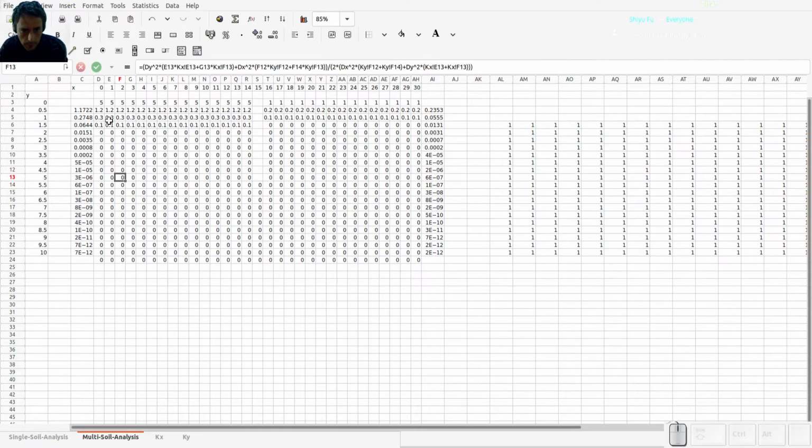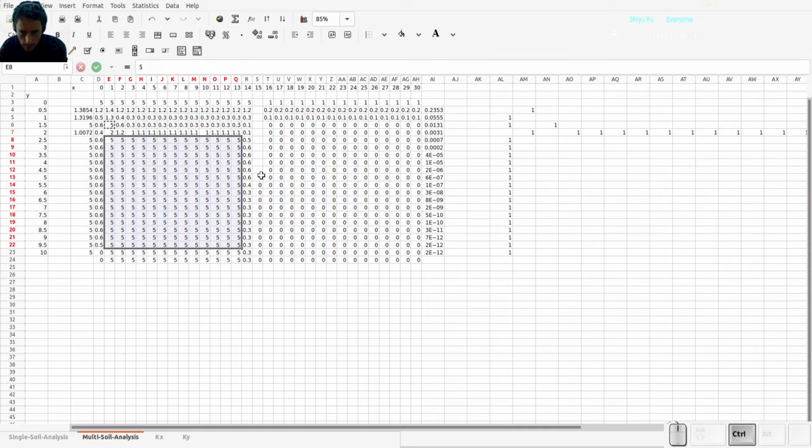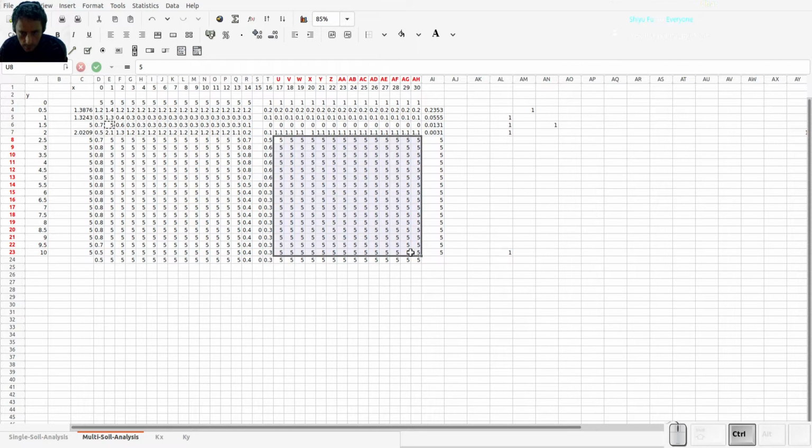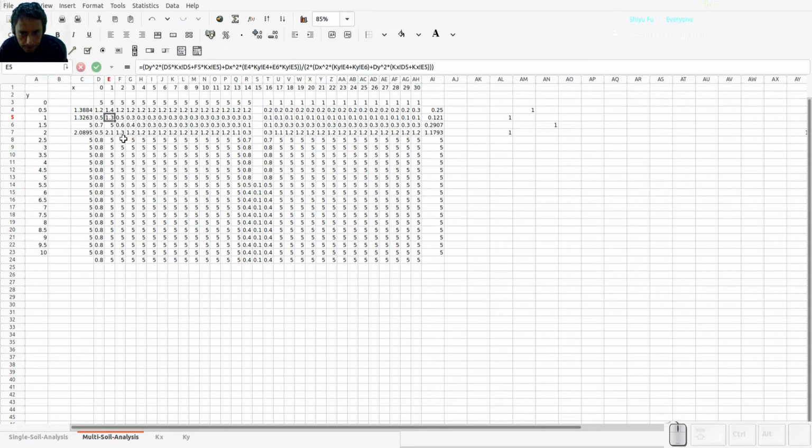So if I were to, let me try put 5 here. Okay, I'm just trying to figure out why this goes to 0.8.